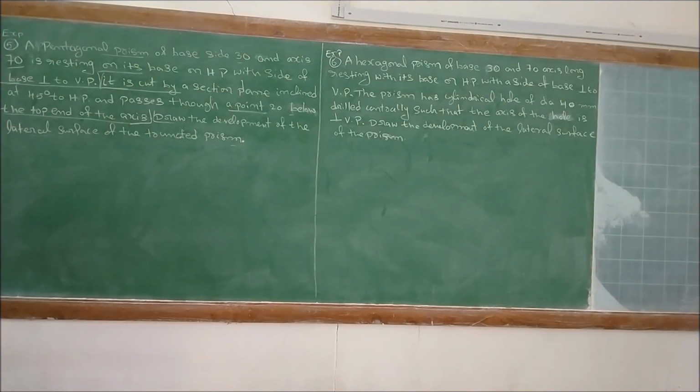We are going to develop that particular truncated pentagonal prism. Initially, we should start with the vertical line, because the base side is perpendicular to the VP. So we should start with the perpendicular line.